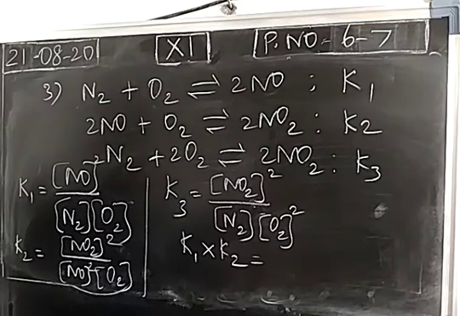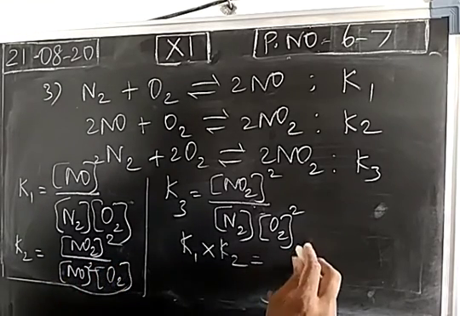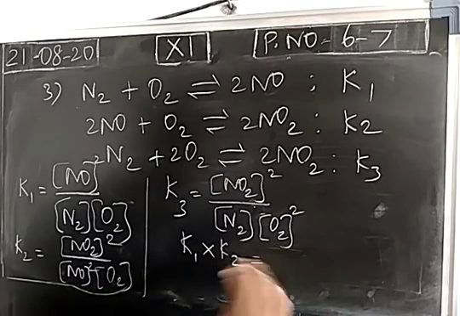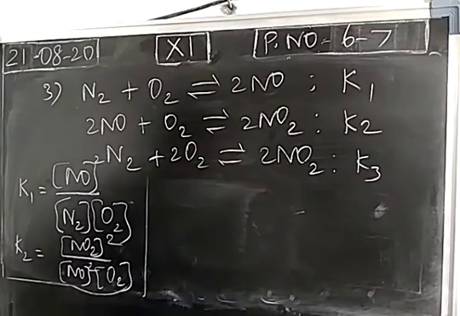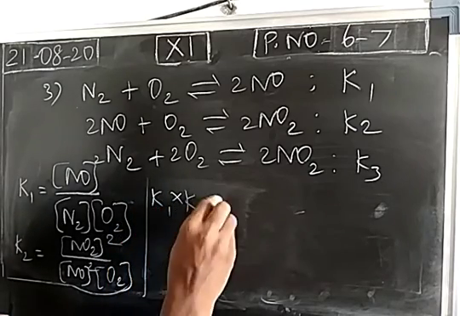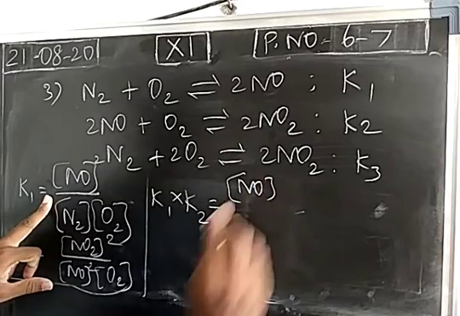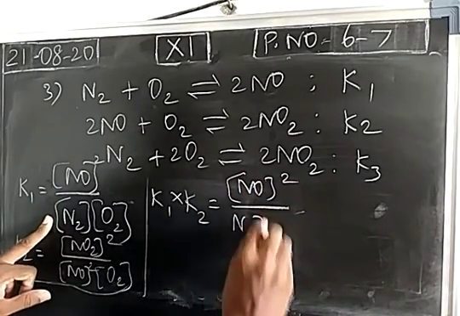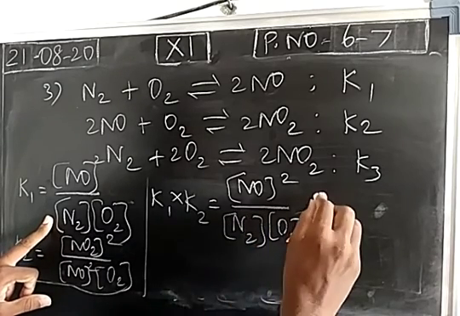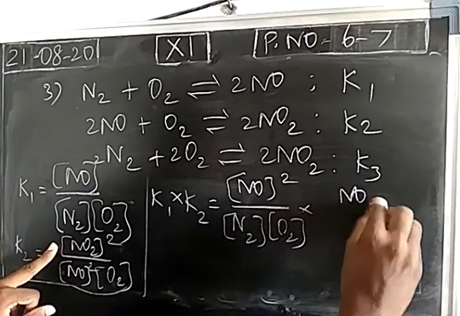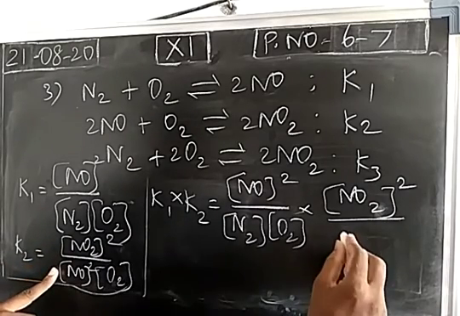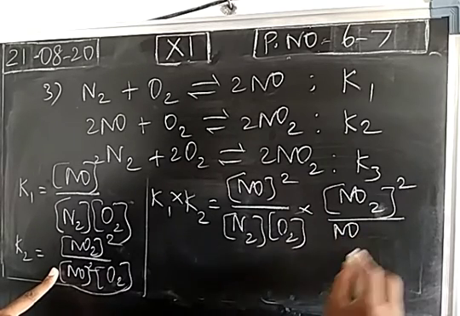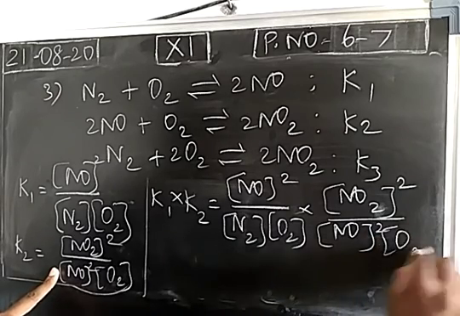In K1 multiplied by K2, the numerator has nitric oxide squared and the denominator has the concentrations of nitrogen and oxygen; K2 has the concentration of nitrogen dioxide squared divided by nitric oxide squared and oxygen.